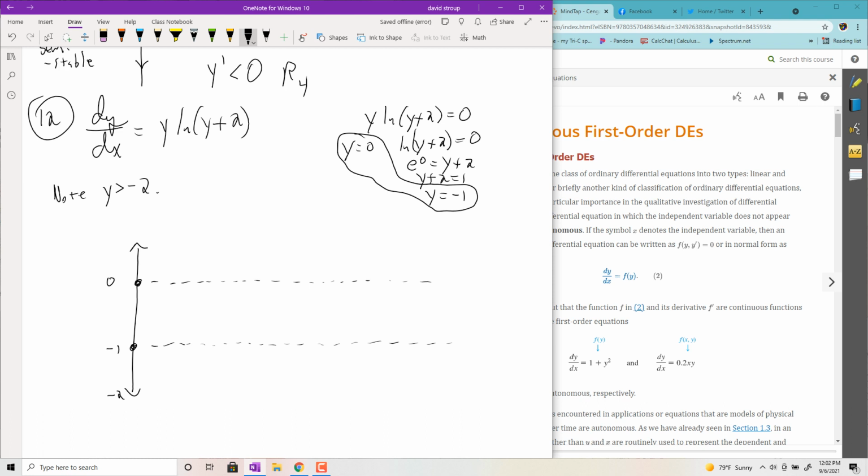If you plug in a test value like y equals 5, you'll get a positive times a positive. So in that region, the solution should be increasing like this.